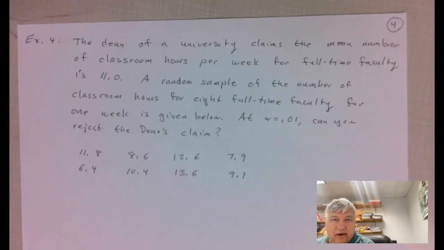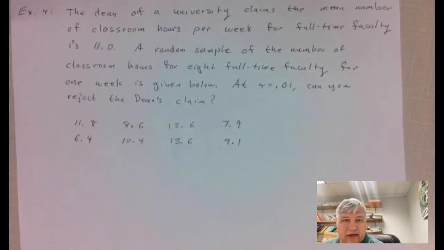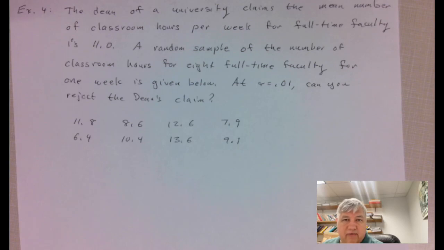Example 4. The dean of a university claims that the mean number of classroom hours per week for a full-time faculty is 11.0. A random sample of the number of classroom hours for 8 full-time faculty for 1 week is given below. At alpha 0.01, can you reject the dean's claim?